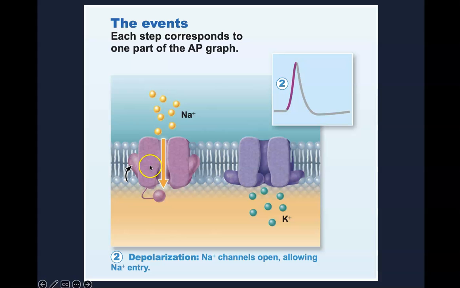So now this neighboring sodium channel opens, allowing sodium to rush in, okay? As that sodium rushes in, remember, we originally had this negatively charged interior and the positively charged exterior. So now, as that sodium rushes in, it's going to cause a change in this area, now the trigger zone of the axon, bringing in this more positively charged ion, okay?